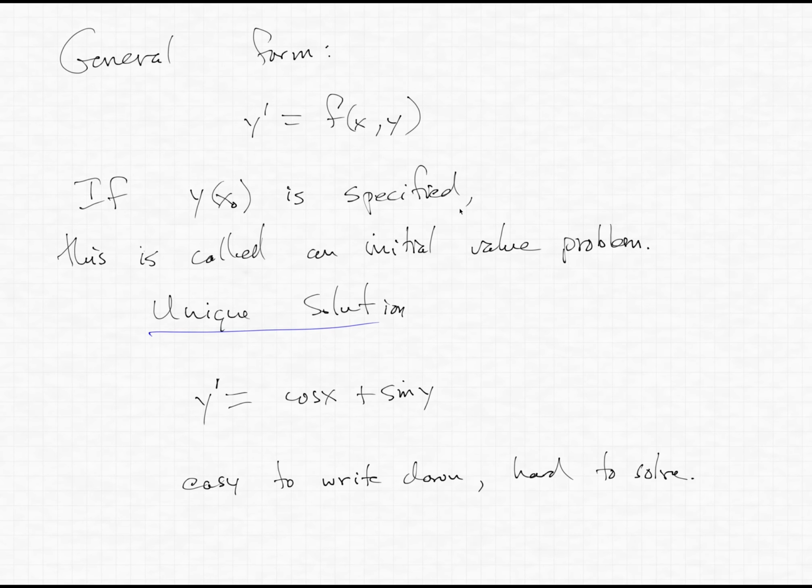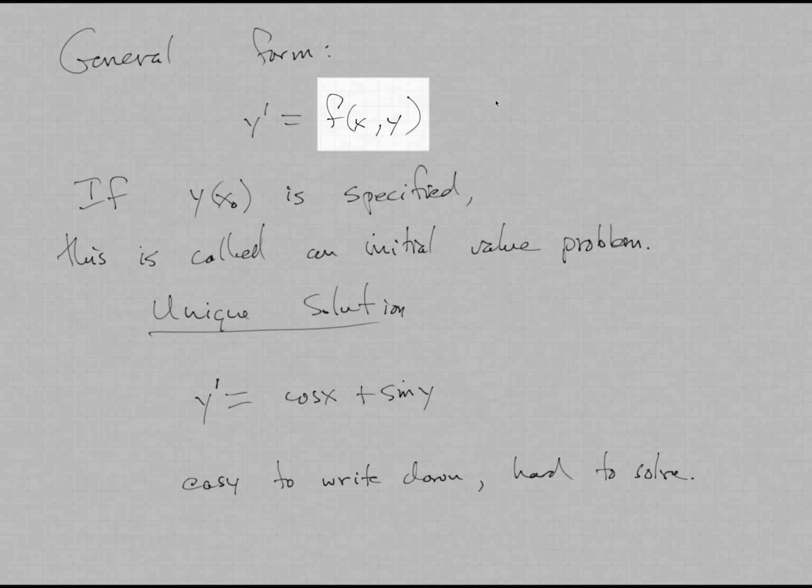The general form of the ODEs we'll be solving is y prime equals some function f of x and y. So note that in this case, f is not y, it's y prime. And it's a function of two variables, whereas y is only a function of one variable. The actual function we're solving for, y, is only a function of one variable.